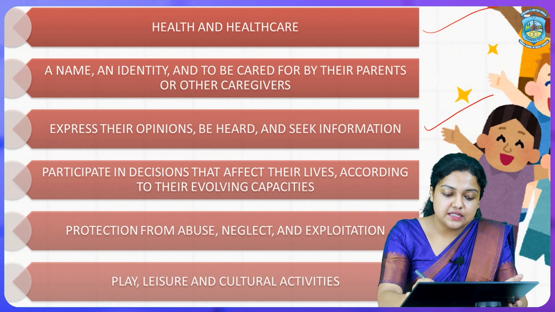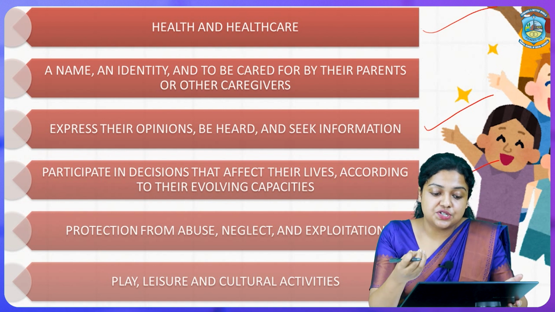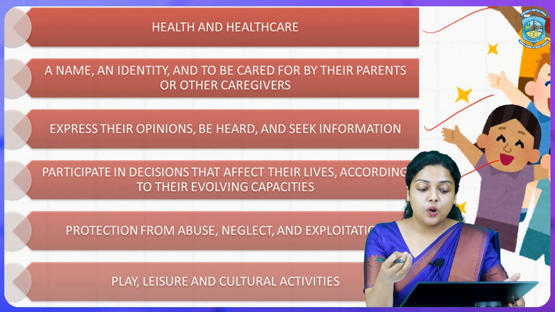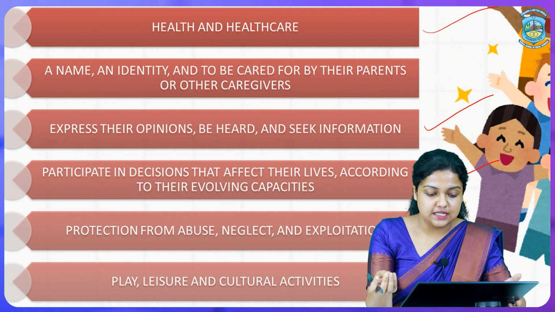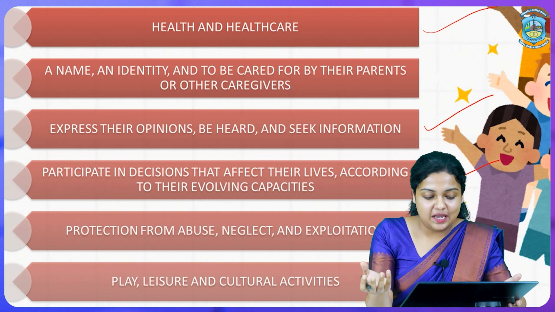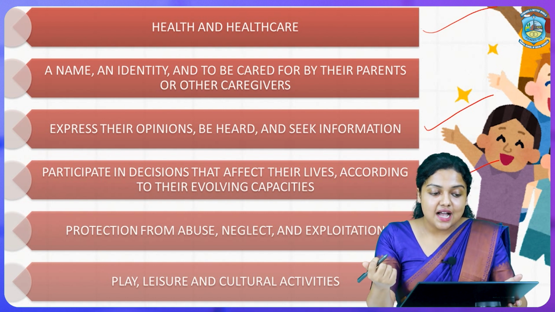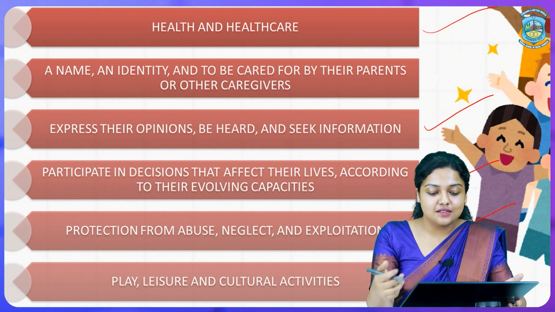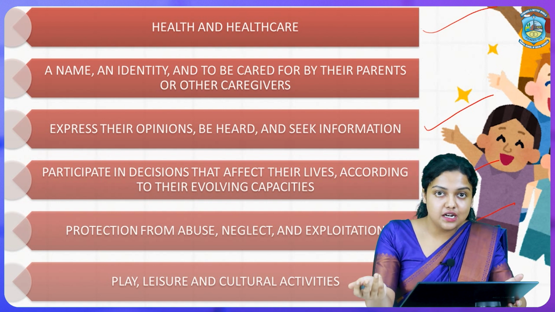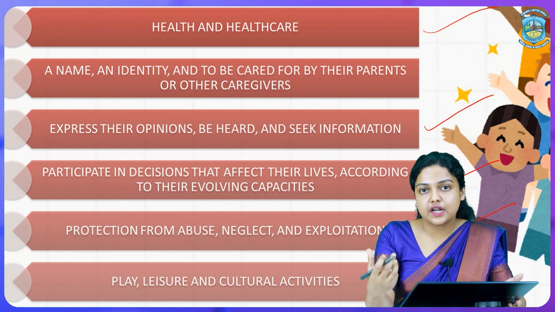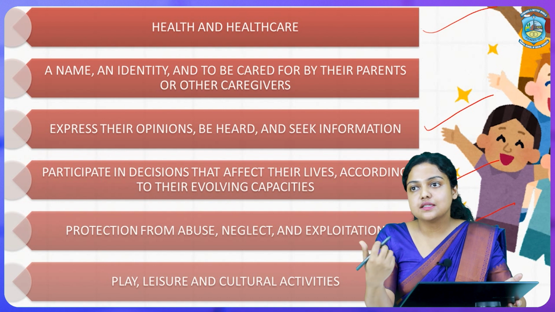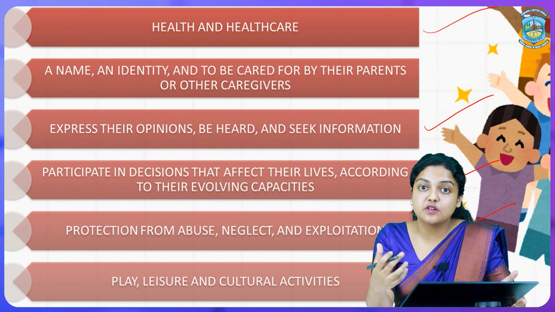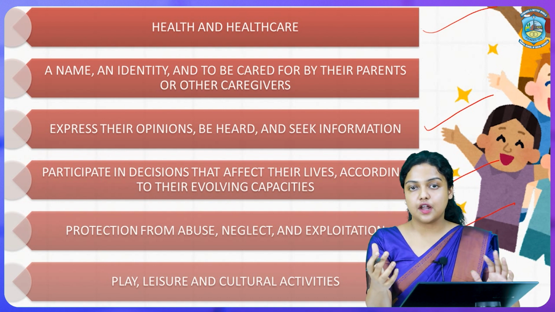Then the next right is to participate in decisions that affect their lives according to their evolving capacities, to participate in decision making. Then the second last one is every child has the right to protection from abuse, neglect and exploitation. As we all are hearing, there is physical abuse and mental abuse which children are facing, so protection from all those kinds of things, and the parents and caregivers are responsible for providing a safe and secure environment.